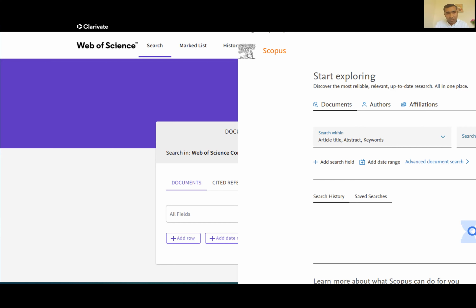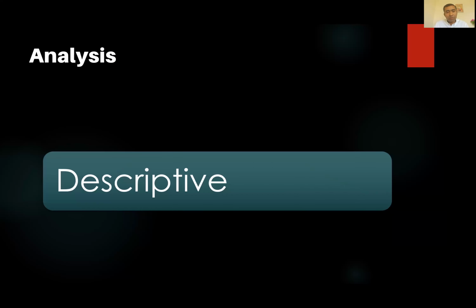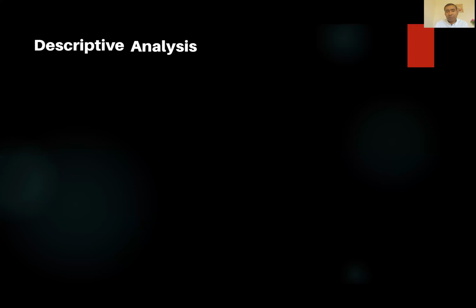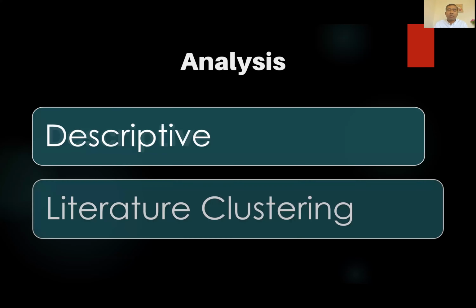And then further, you can use bibliometric software to do the descriptive analysis, and we also have the cluster analysis as well. For descriptive analysis, I believe everybody is aware of these, and there are many other descriptive analysis formats available, which we have already started working on.